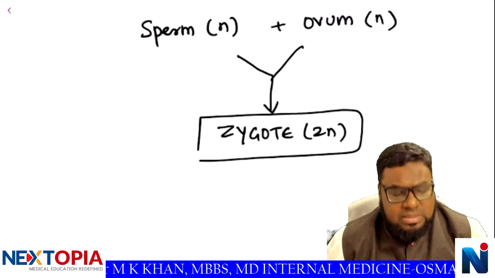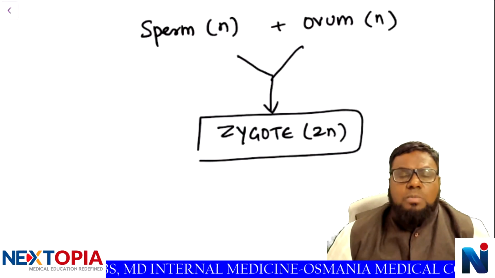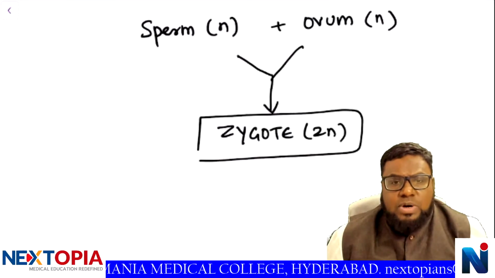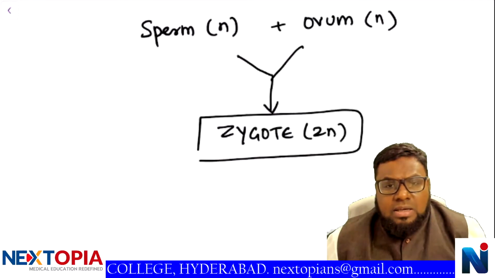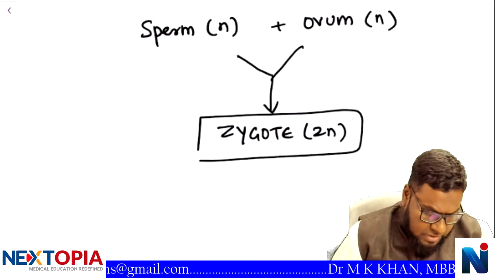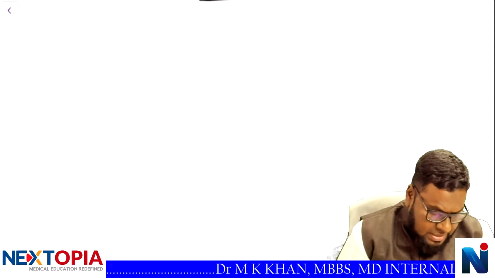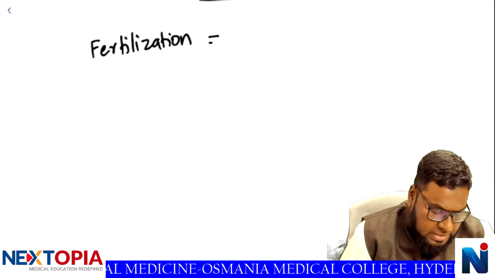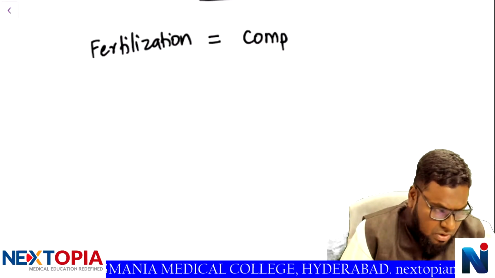After this, the process of human fertilization is so complicated that it comprises many steps. In the first step, fertilization occurs. This fertilization is a signal for completion of which meiotic division? Fertilization is a signal for completion of meiosis 2. Fertilization means completion of meiosis 2.